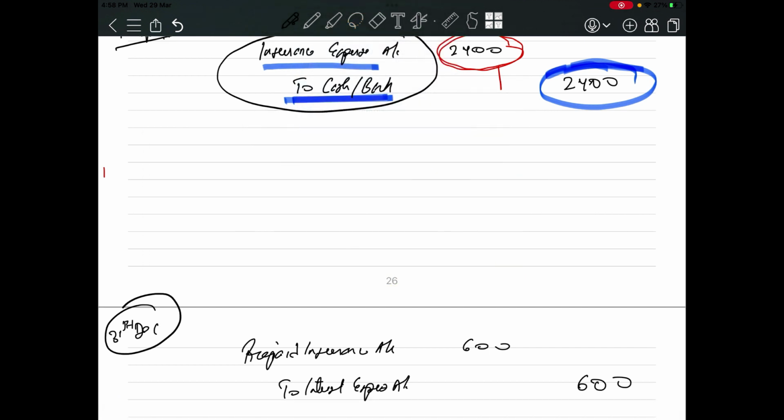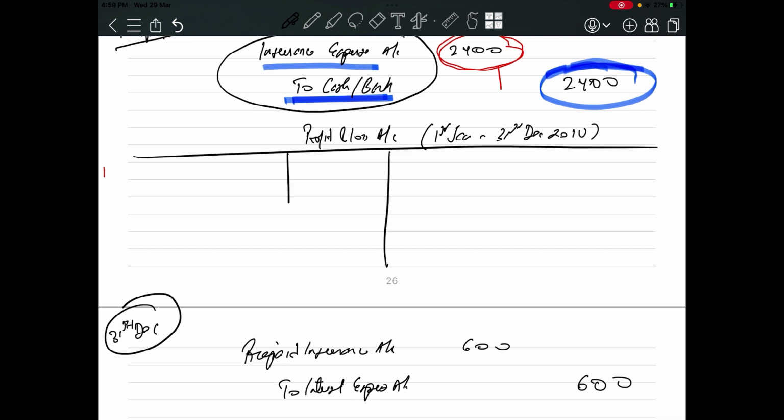Let's see. First of all, if you are to prepare profit and loss account, this will be for the period 1st Jan to 31st December 2010. If I am to prepare my P&L account, how will I show the expenses? This is debit side, debit all expenses and losses, right?